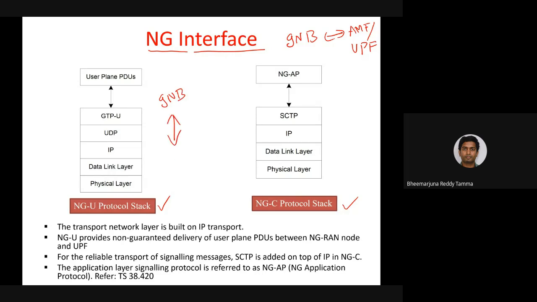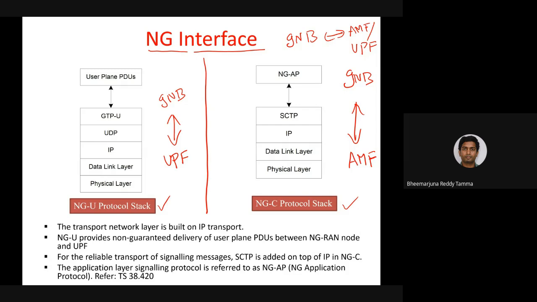So can somebody tell me where you use this user plane protocol stack between the G node B and? UPF. Because UPF is the one that handles the user traffic. And the control plane stack that you see on the right-hand side is between the G node B and AMF. Okay, so that should be clear for you.